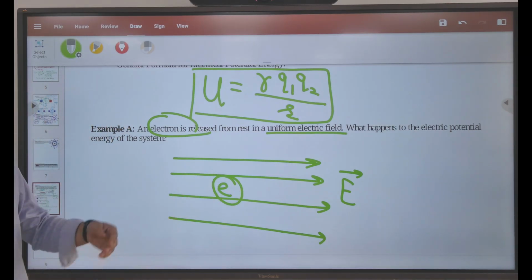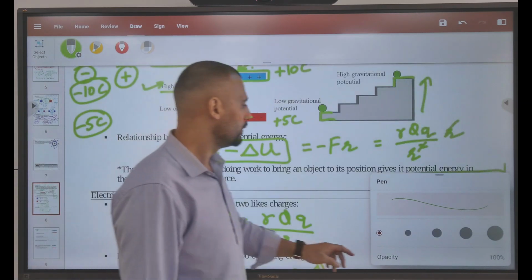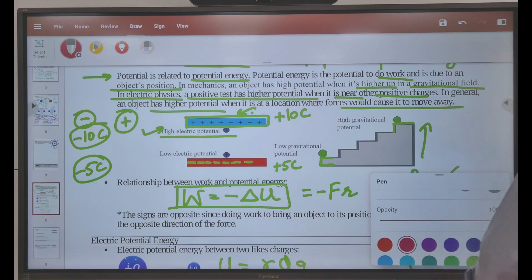So what will happen to this electron? Electron is negative, obviously.